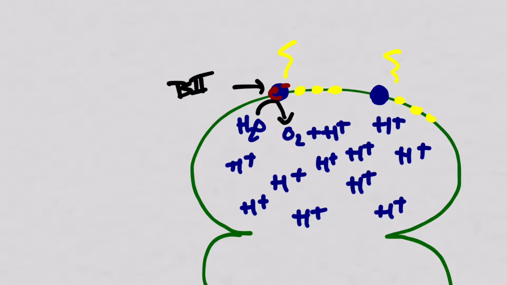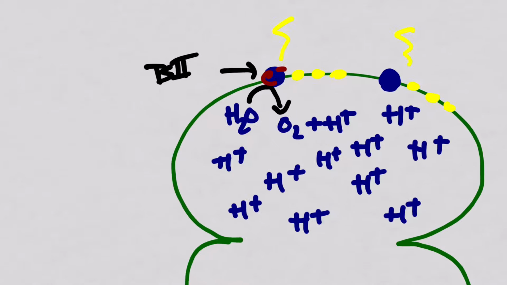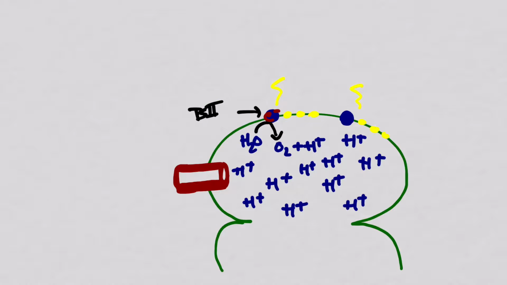And we've got a very special protein that I think I've mentioned before, but if not, I'll say it now. This protein is called ATP synthase. And it's also located in the membrane of our thylakoid.